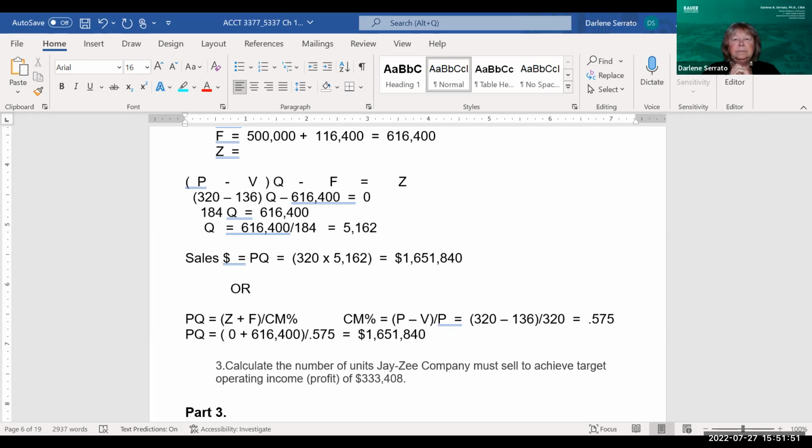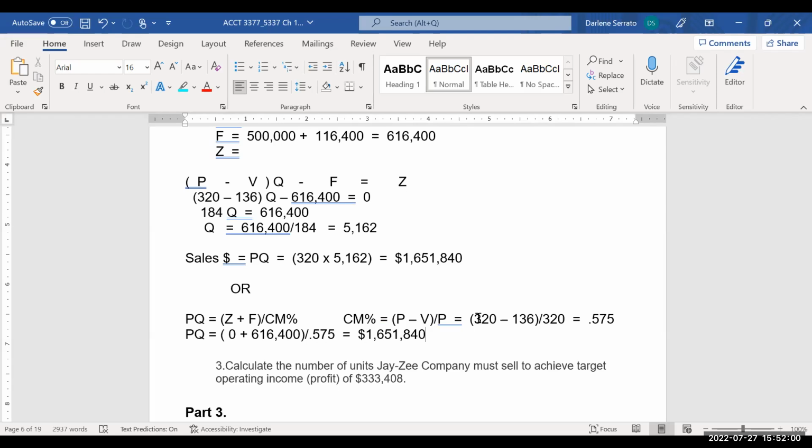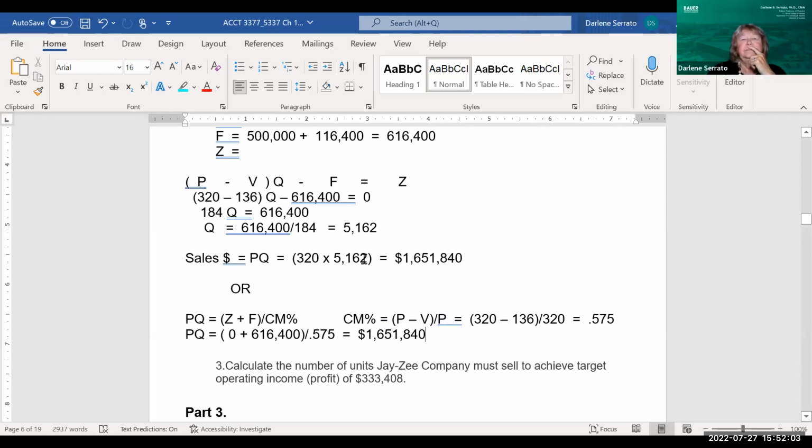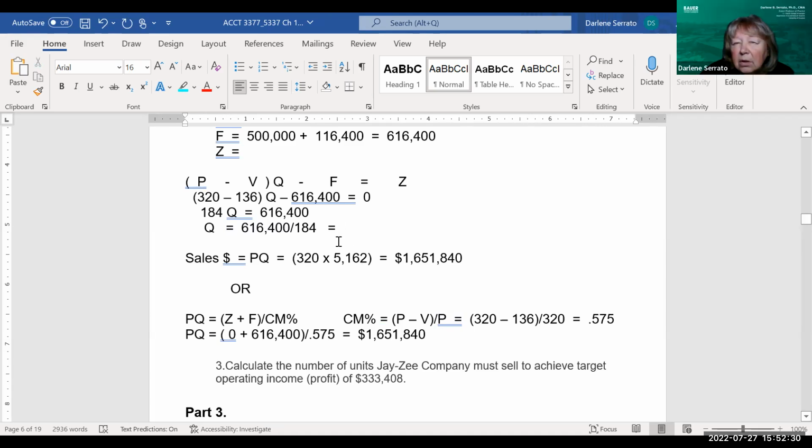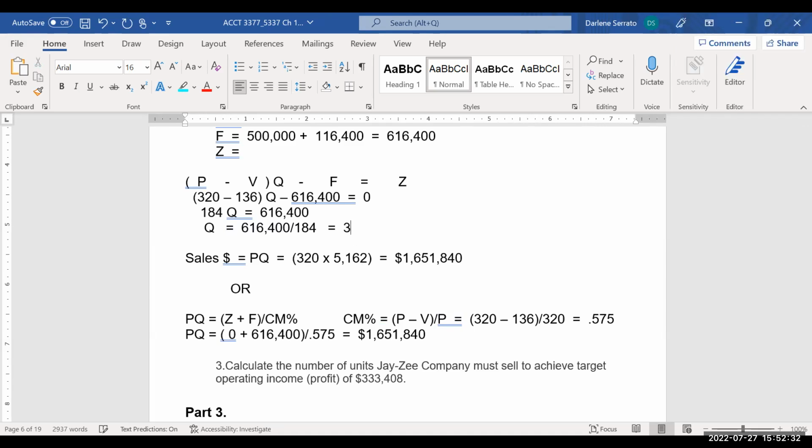Is it the same thing? I didn't get the same thing either. Is this correct? Is 5,162 correct? Yes, 320 times, no, it's not. 5,162. Oh, this one's not correct. That's what the problem is. What is that? I got 3,350.